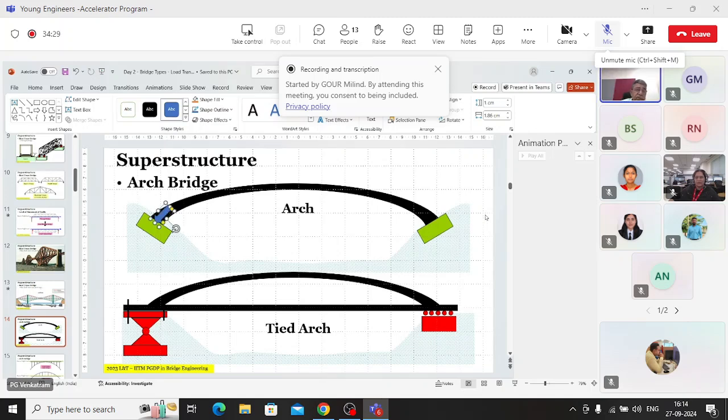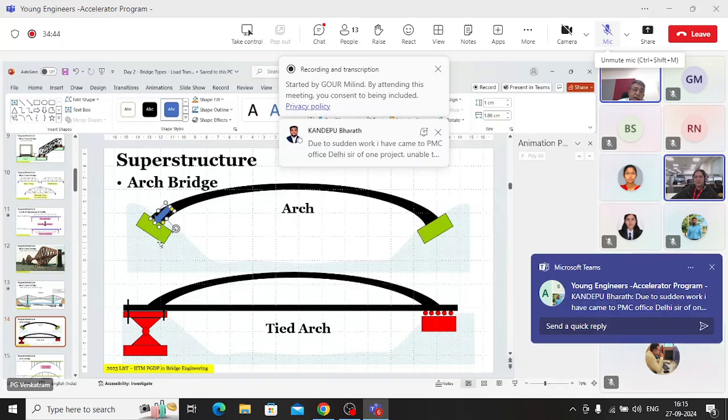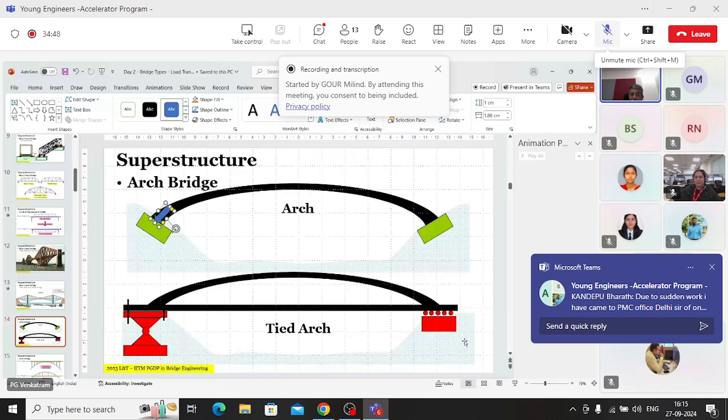At both ends, a similar one on the other side. Yes, no? Yes, sir. So if this arch has to work, what can you say about the strata here?